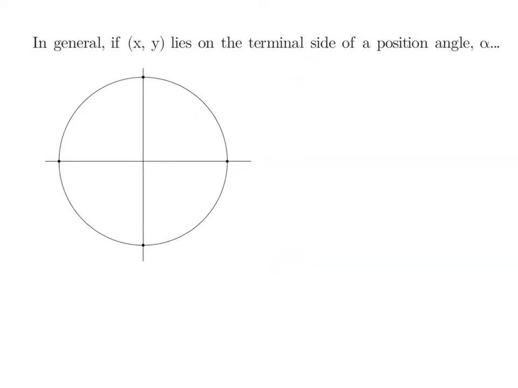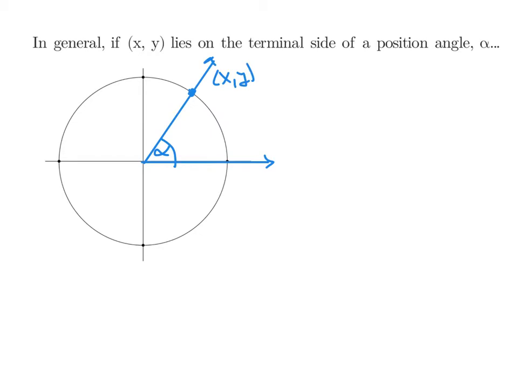So if we generalize this problem so that we're talking about any point lying on the terminal side of some angle, well, any point is also going to lie on some circle centered at the origin. It's going to define a position angle alpha. And so we have our angle alpha going through our point x, y.